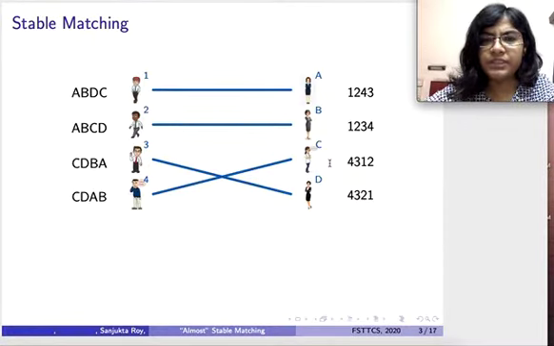Now the preferences here are a strict linear ordering over the complete other set, right? It's not over a subset but over the whole set. In general we can assume that an agent does not list the whole other side.